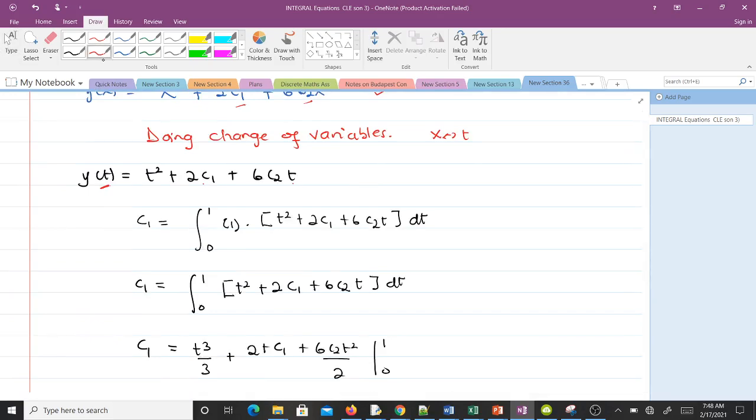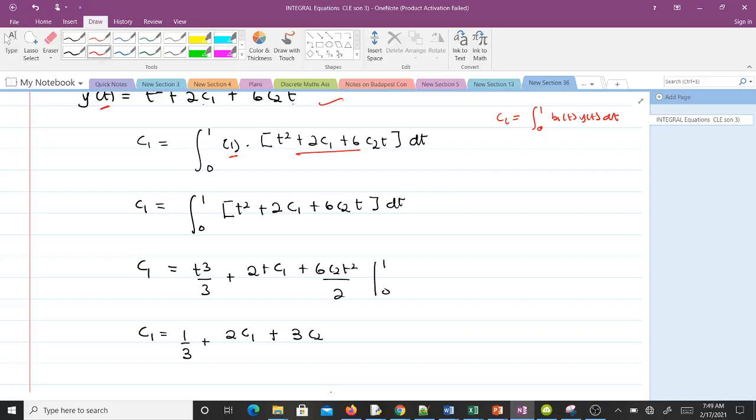So changing variables gives us y of t equal to t squared plus 2c1 plus 6c2t. Putting it inside, c1 was equal to the integral from 0 to 1 of b1 of t times y of t dt, and b1 of t was 1, y of t is this, so you make the substitution.